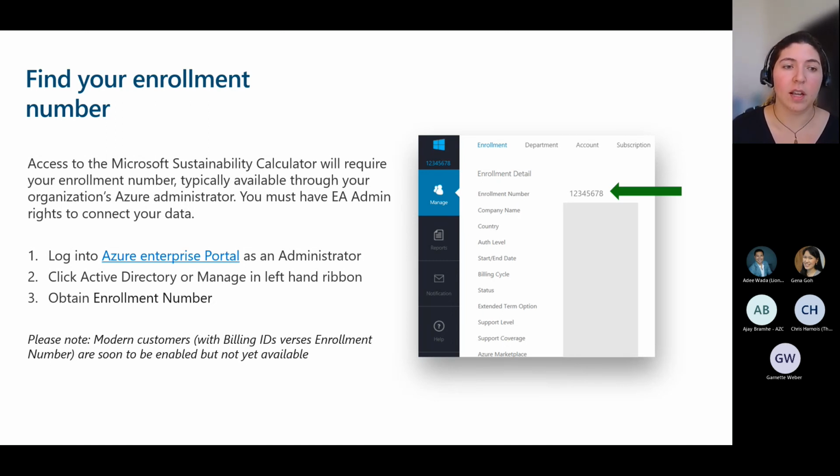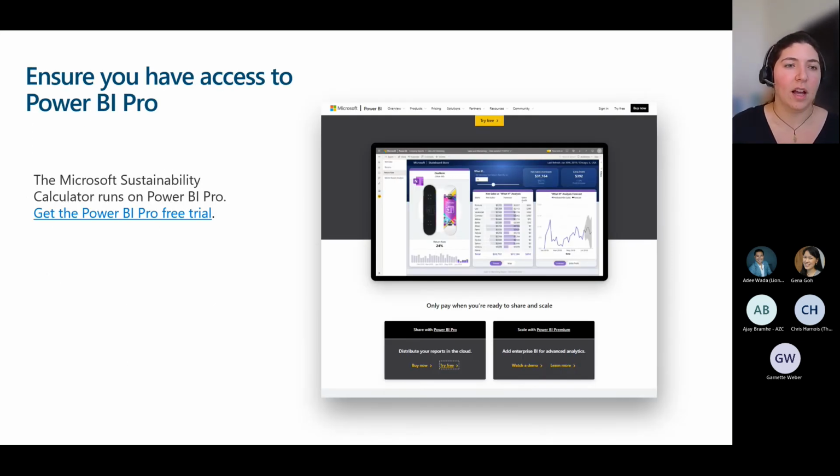One thing to note is if you are towards the end of your agreement and you get a new enrollment number afterwards, you would have to reset this up. It is by number, at least for now. I would just recommend archiving the data before you change to the new enrollment. Then again, ensure that you have Power BI Pro. Just get the free trial if you need it.